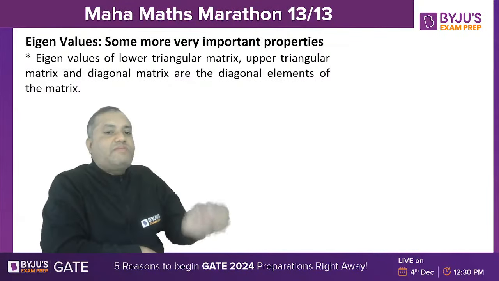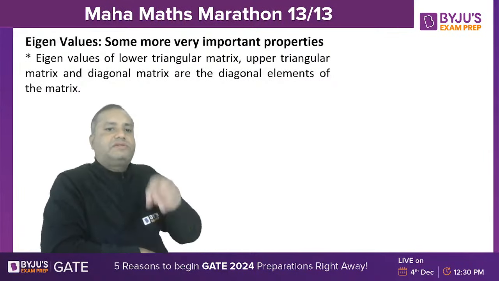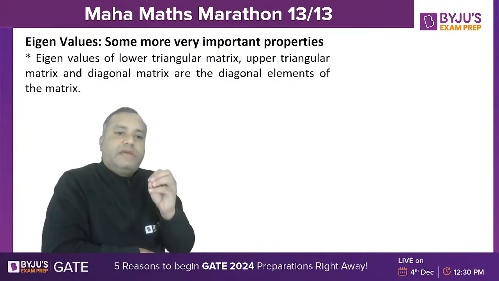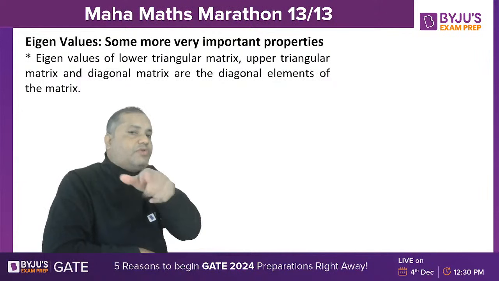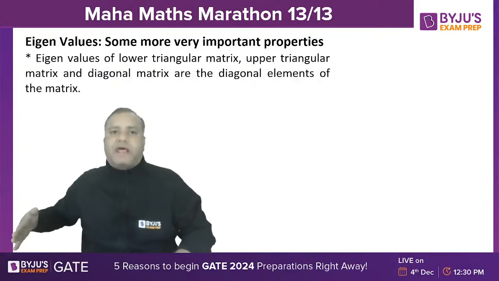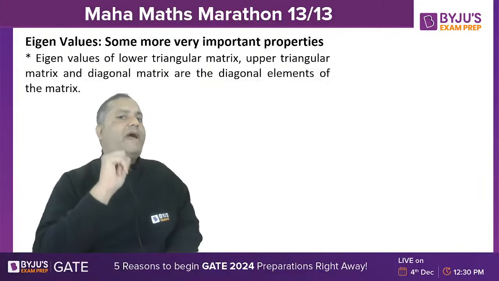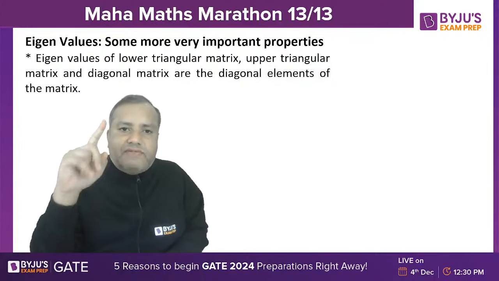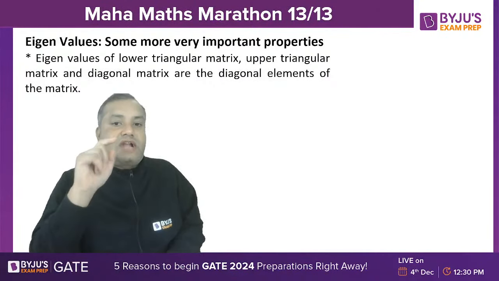But if the given matrix itself is a lower triangular, upper triangular or diagonal matrix, and you have not done any operation on it, then you can say that the principal diagonal elements are the eigenvalues. But it is not at all advised to convert the given matrix into any of these and find the eigenvalues. That will be a blunder.